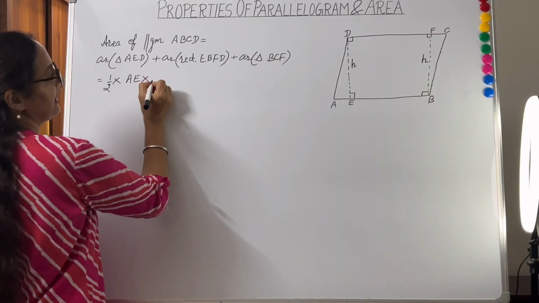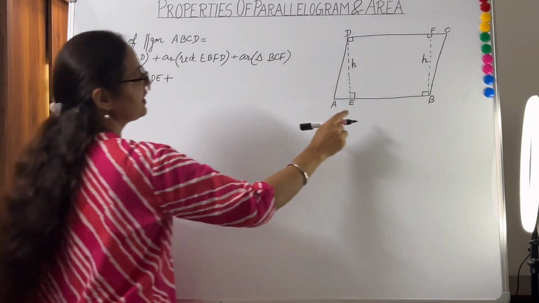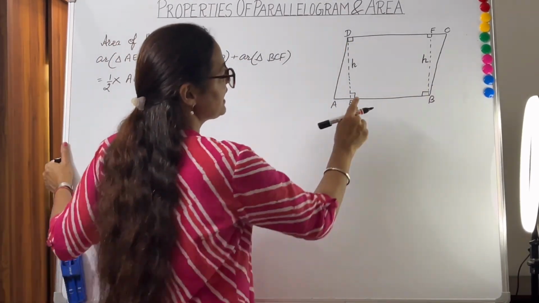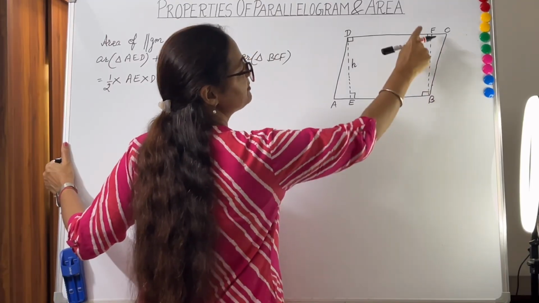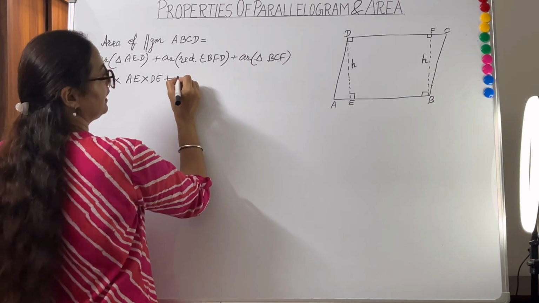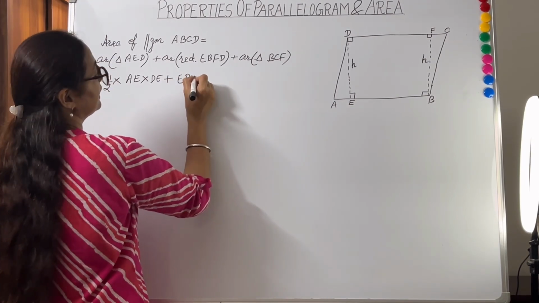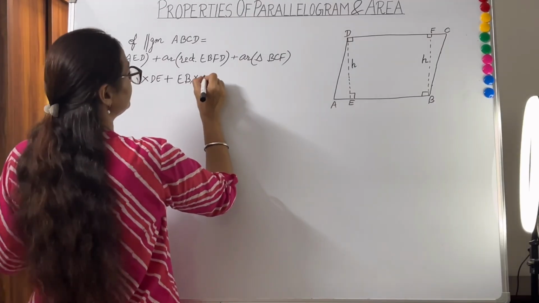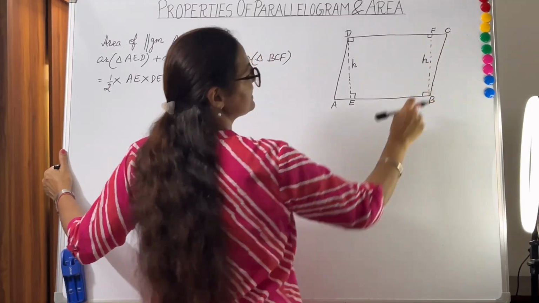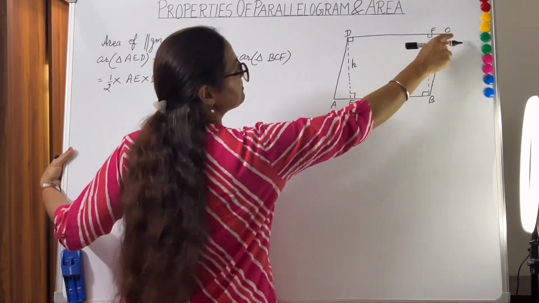So AE into, first of all, I will write DE, plus area of rectangle EBFD will be, the area of a rectangle is length into breadth. So what is the length? EB, and breadth is FB or DE. We can take any. So base into height, length into breadth, EB into BF, plus area of triangle BCF will be again half into, what will its base be?